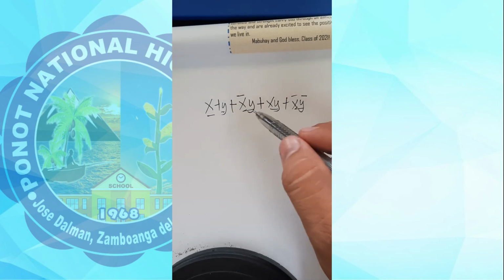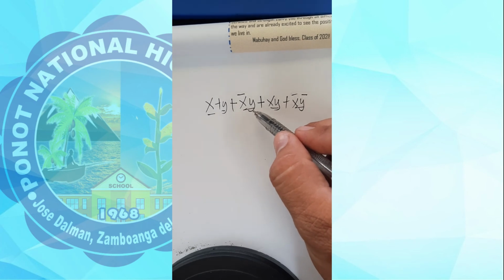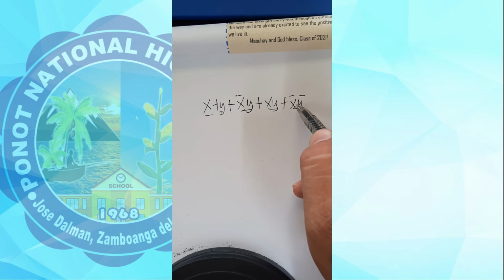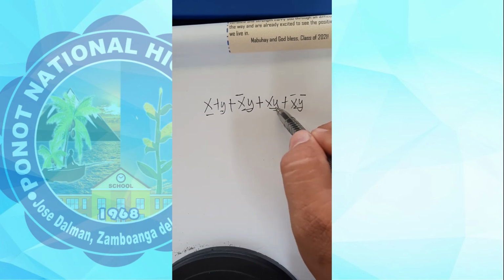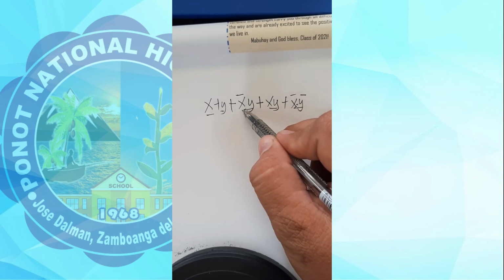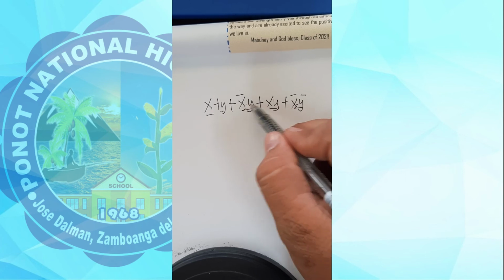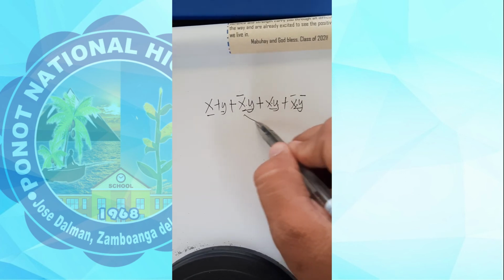So, it's up to you to choose which term ang pwede nating i-eliminate. So, in this example, walang common sa kanila. Ito at saka ito may common. The common is x bar. Pwede rin ito at saka ito, ang common is y. So let us try this one.